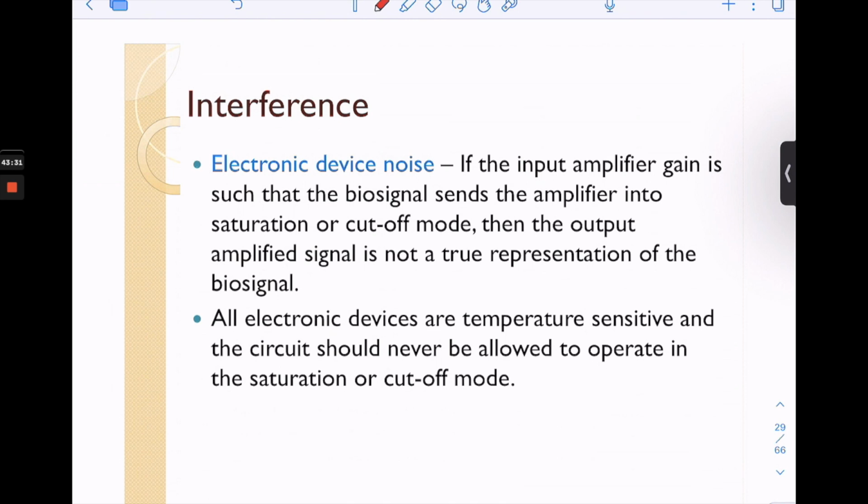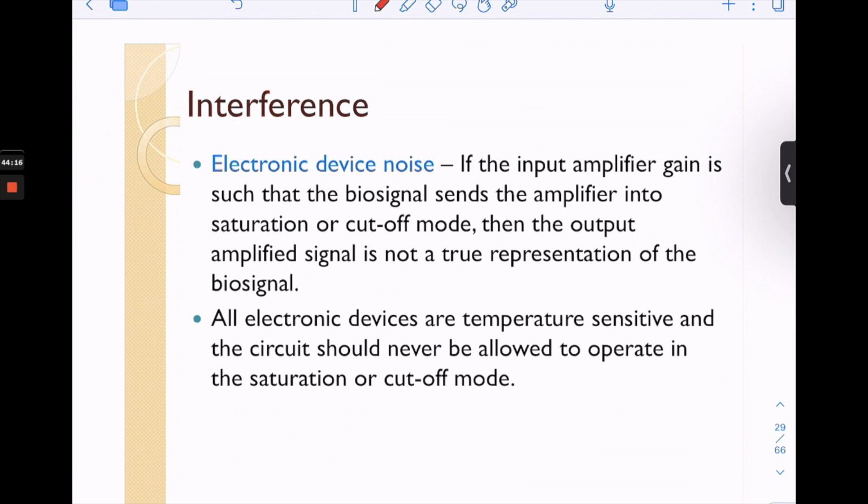Next one is the electronic device noise. If the input amplifier gain is such that the biosignal sends the amplifier into saturation or cut-off mode, then the output amplified signal is not a true representation of the biosignals. All electronic devices are temperature sensitive, and the circuit should never be allowed to operate in the saturation or cut-off mode. So when you buy a component, an amplifier or any analog component, you need to see the data sheet. In the data sheet, there will be some specification of the components. Some are sensitive to the temperature, some are not.